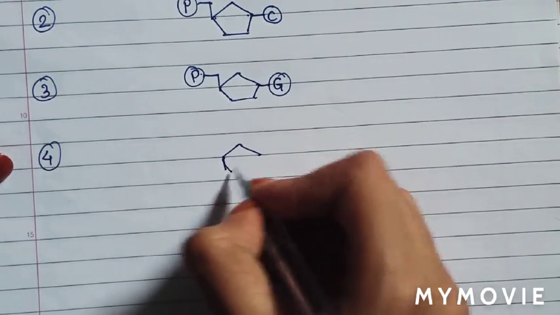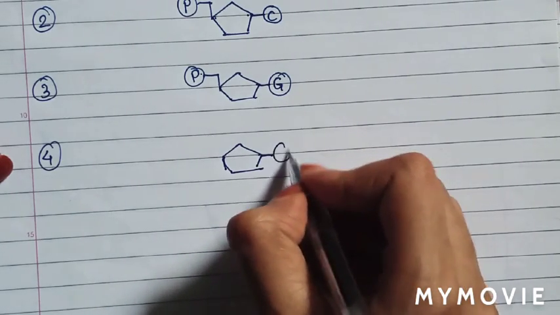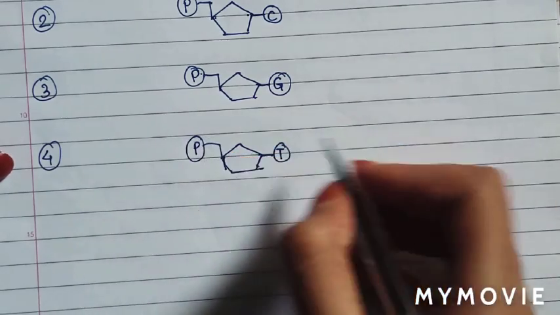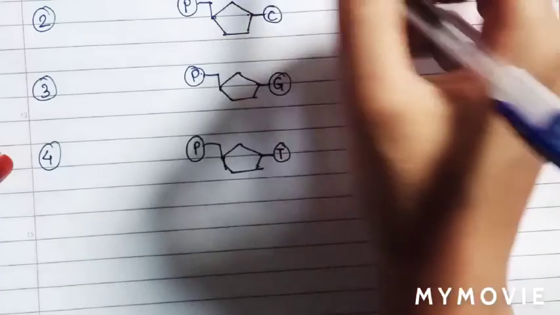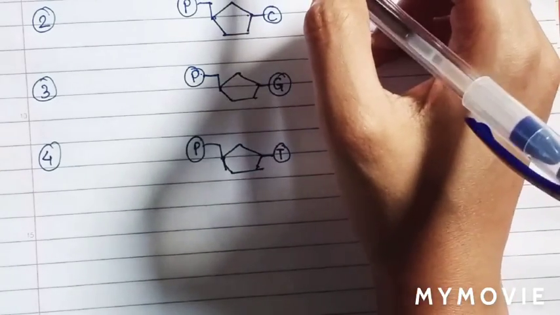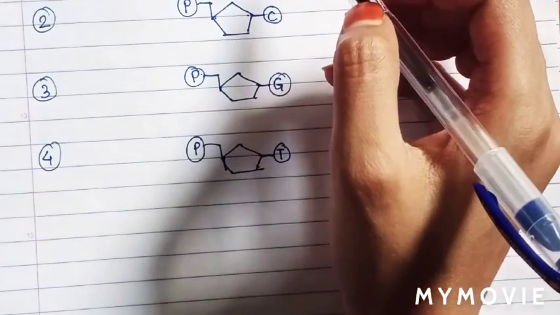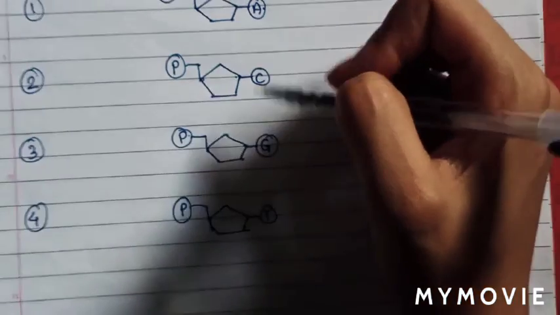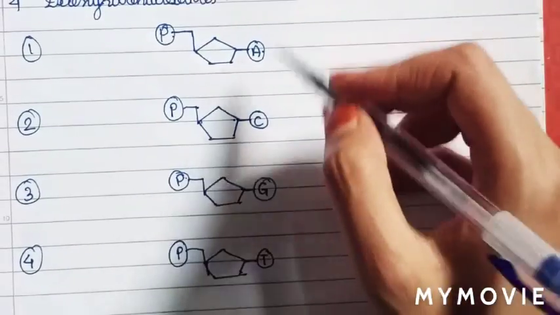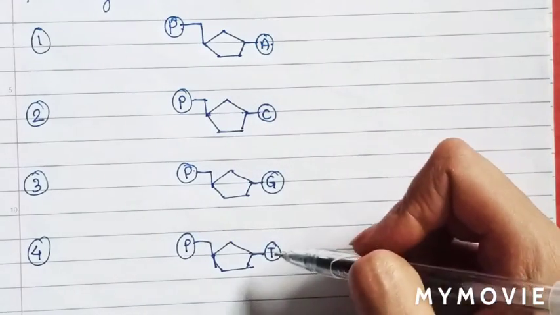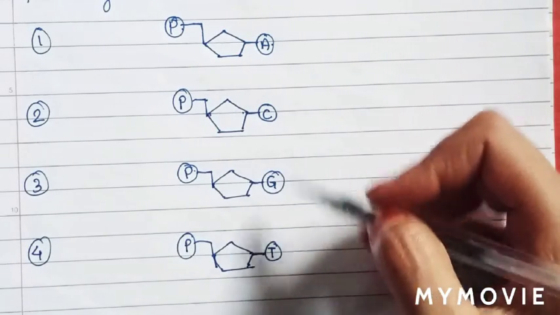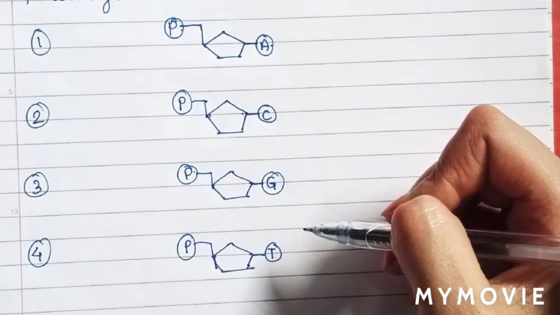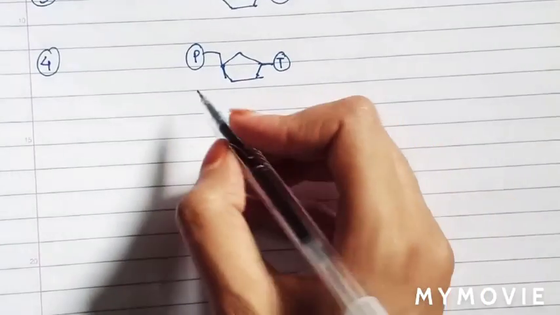In case of DNA it is thymine, and in case of RNA it is uracil. So when many of these deoxyribonucleotides get attached, not just four, they form a polynucleotide chain.